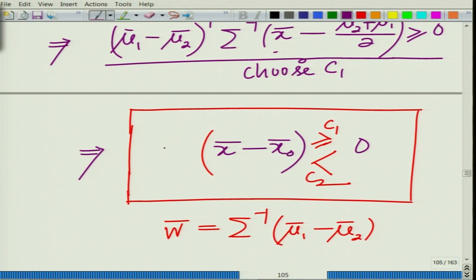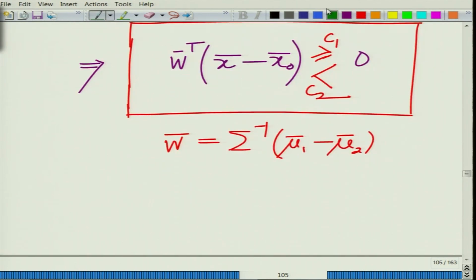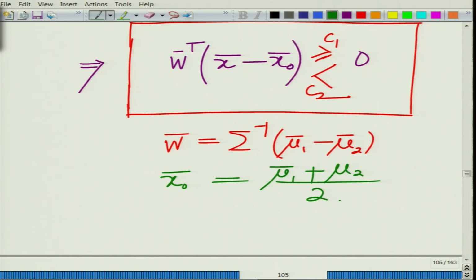In fact, I can write this as W bar transpose (x bar minus x naught bar), where x naught bar is (mu 1 bar plus mu 2 bar) by 2. So this is the condition, and you will later see that it is W bar transpose (x bar minus x naught bar) greater than or equal to 0.